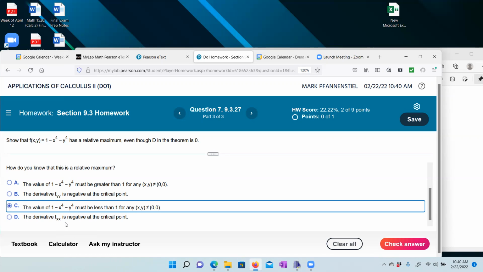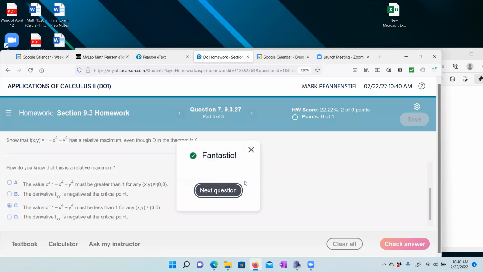So we don't care about the derivative of xx being negative, because that doesn't tell us as much as we want to know. We never cared about the derivative of yy. And if we start plugging numbers in here, 1 minus stuff is going to be smaller than 1. So that's what we're going to go with.